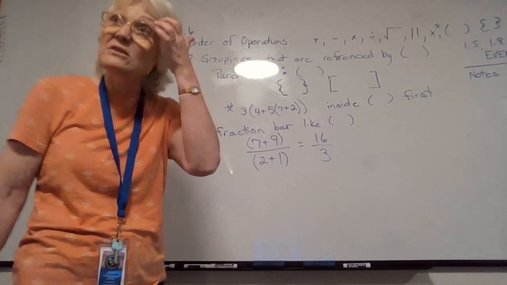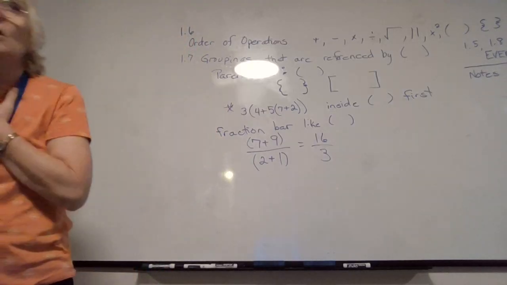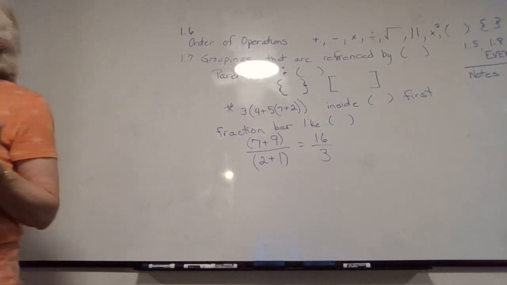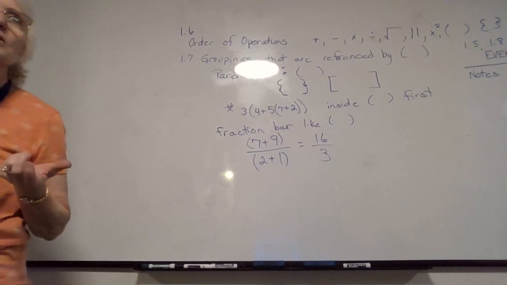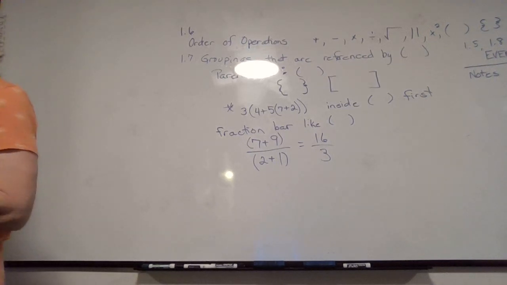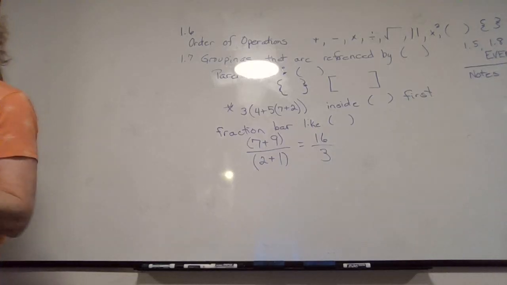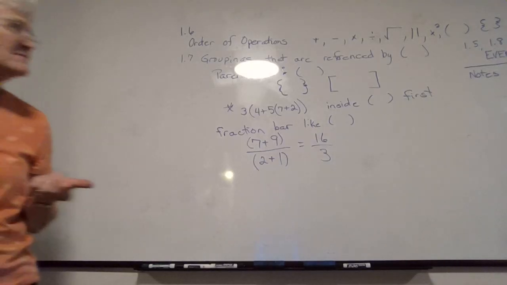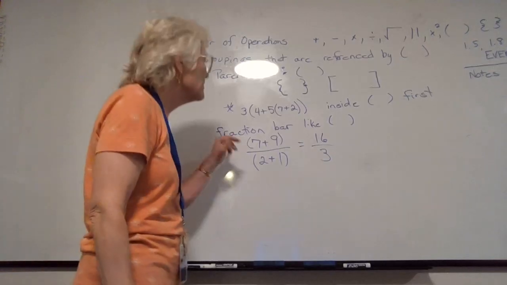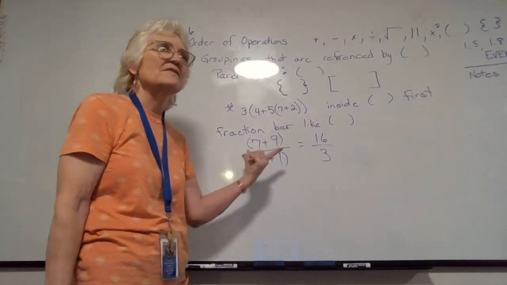Because we did what's on top, then we did what's on bottom. That's 5 1/3 if you want to change it to a mixed number. I have talked about in here, we just use them as improper fractions because it's much easier to know what we mean. Okay? So that's the key. A fraction bar acts like parentheses.